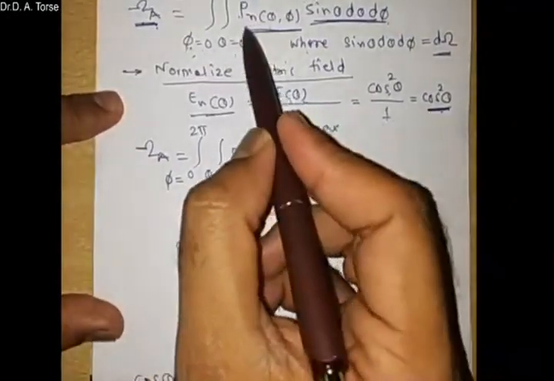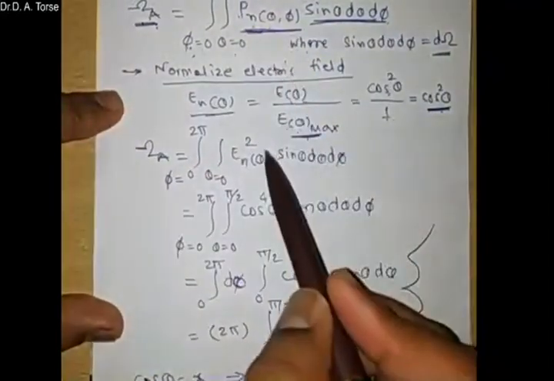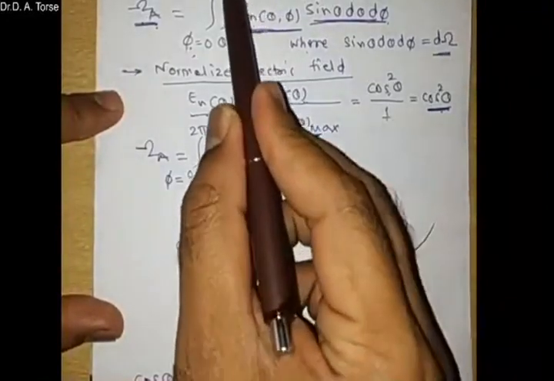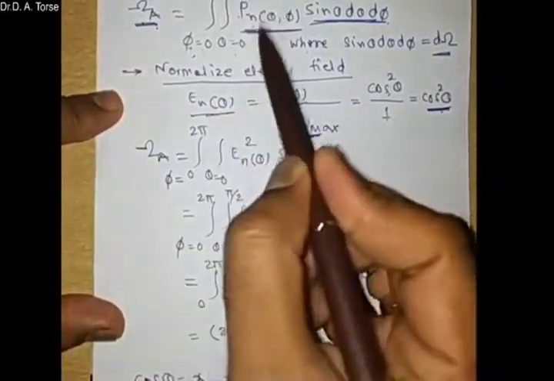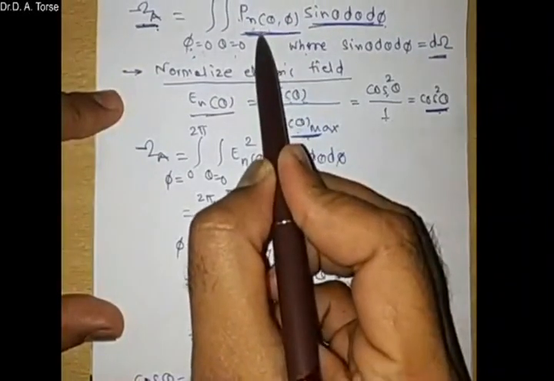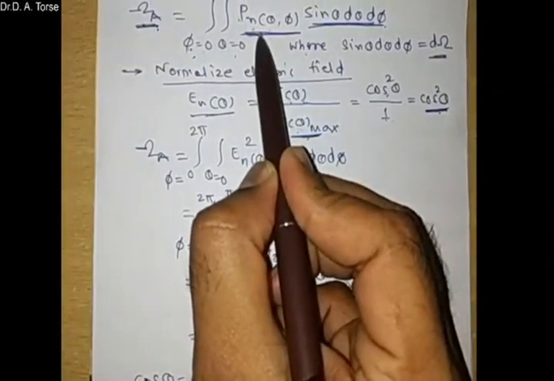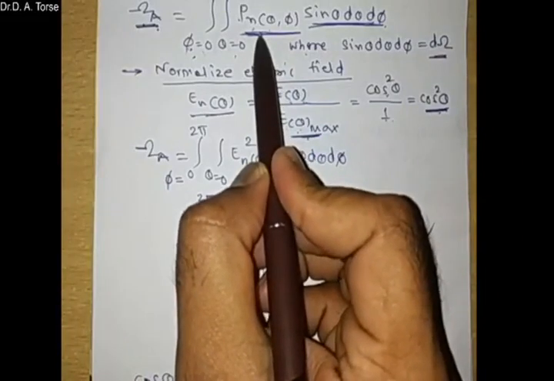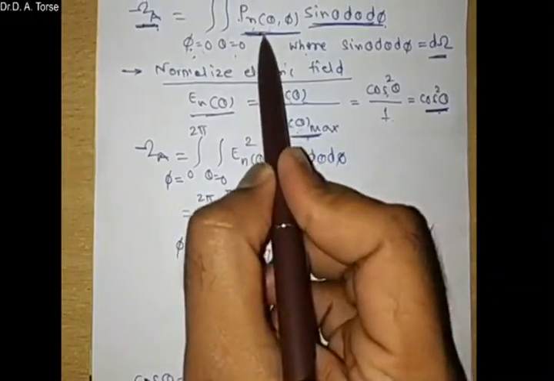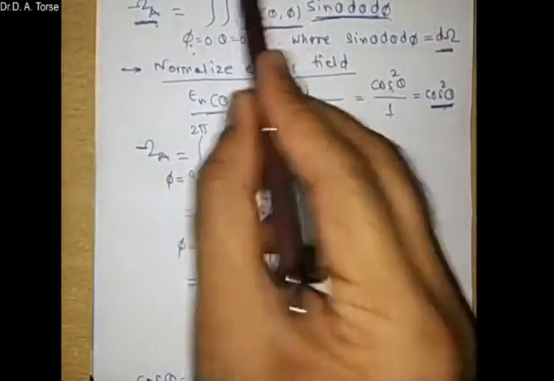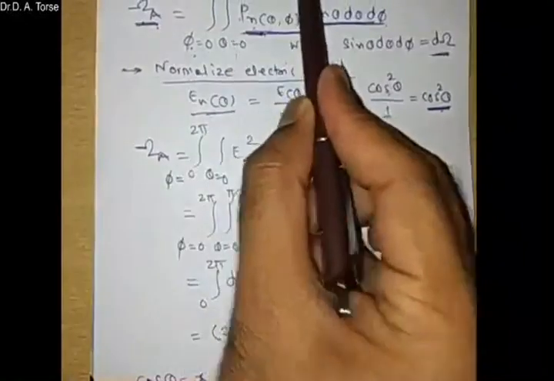Now, as I mentioned, we need the power here. You need to be careful, because in few examples there will be electric field mentioned, and in few numericals or examples there will be directly the power per unit area, or the power density, which we also call radiation intensity, mentioned. So you need to be careful when the value of field pattern is given or power pattern is given.